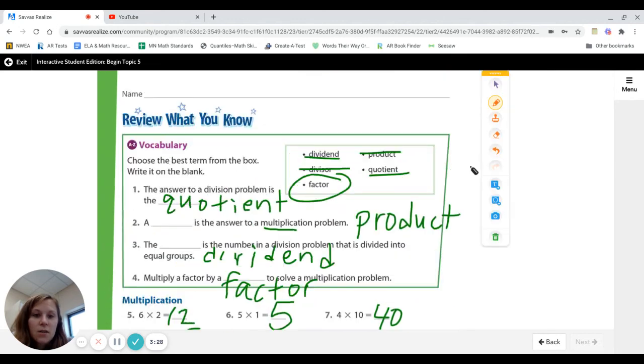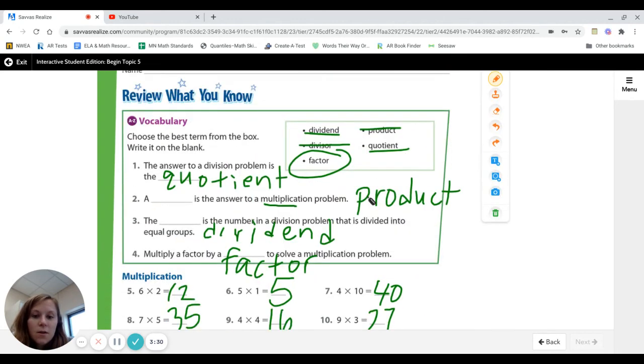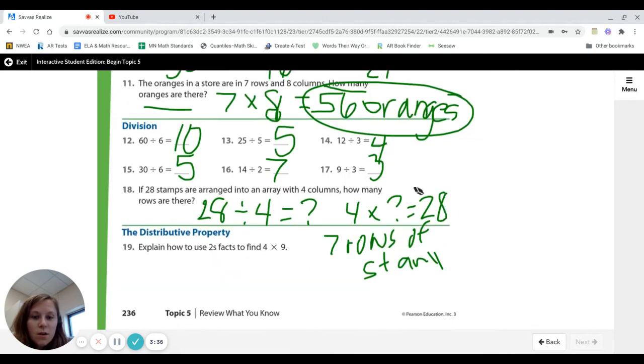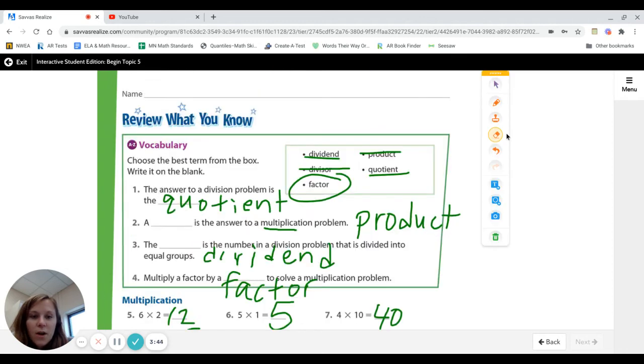Let's look at number 19. Just going to erase that problem so we have more room for the bottom. We want to explain how to use 2's facts to find 4 times 9.